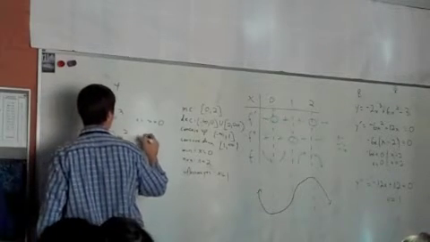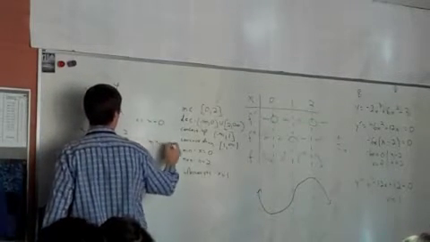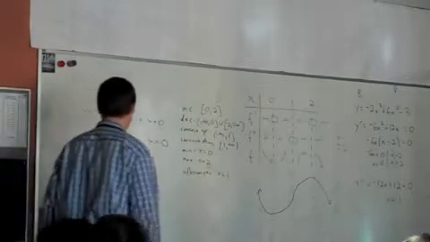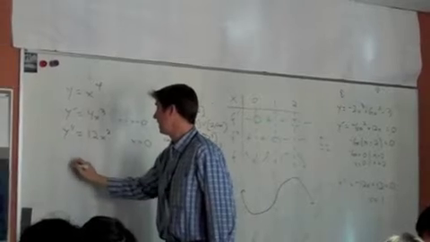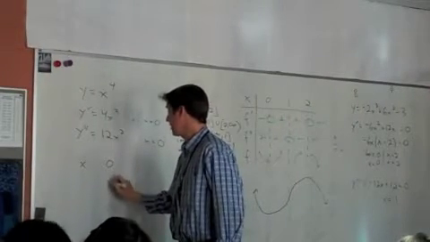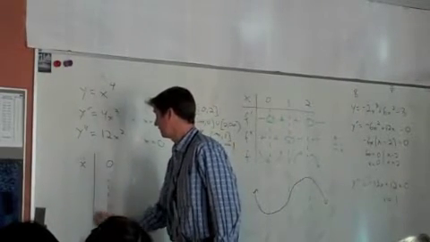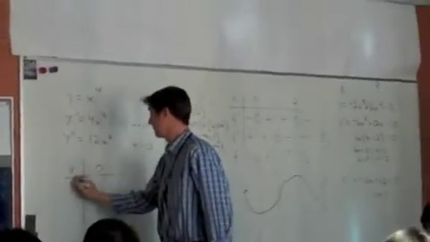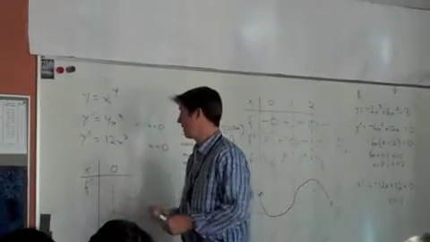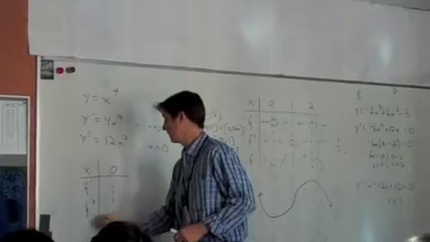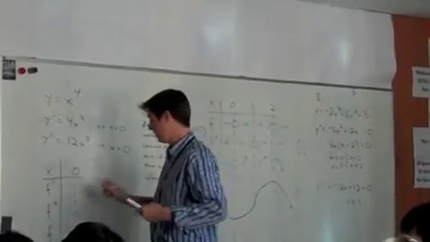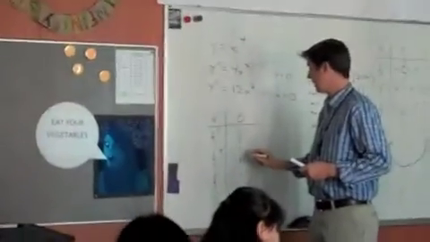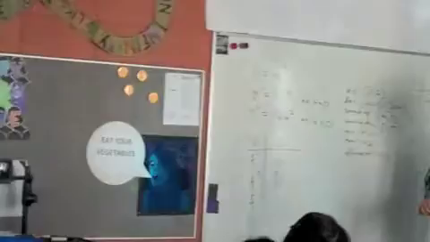Critical point at x equals 0, or possible inflection point. So if I sketch this out, all my action is happening at 0. First derivative, second derivative, and function. First derivative equals 0 at 0, and second derivative also equals 0 at 0.